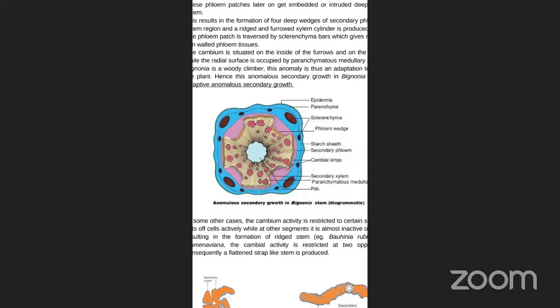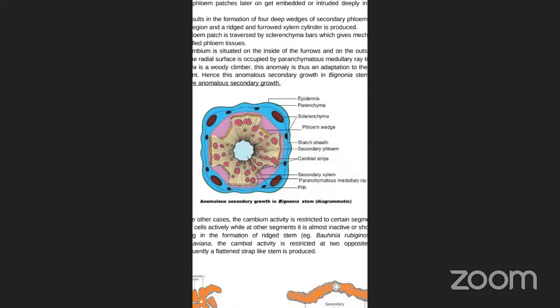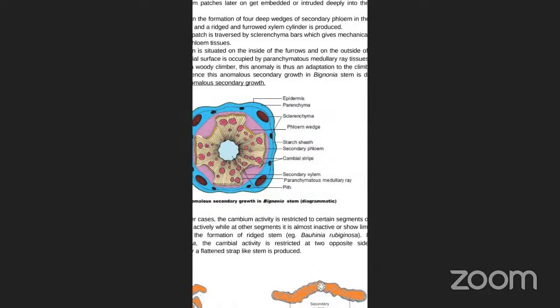Then the next part is cambial strips. The cambial strips are very important abnormal changes in Bignonia. Secondary phloem, then after that forms secondary xylem, then parenchymatous medullary ray.